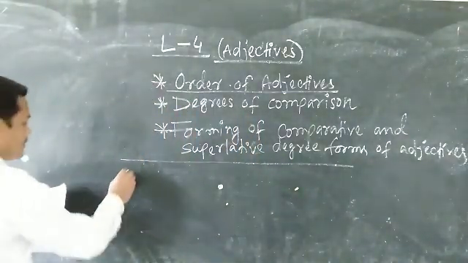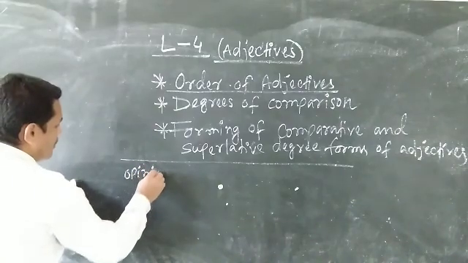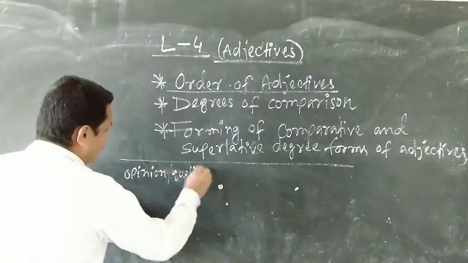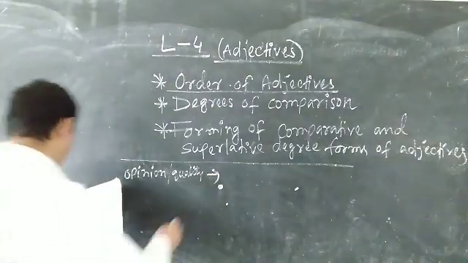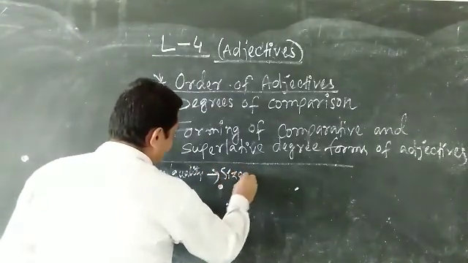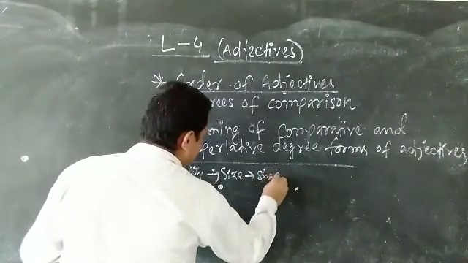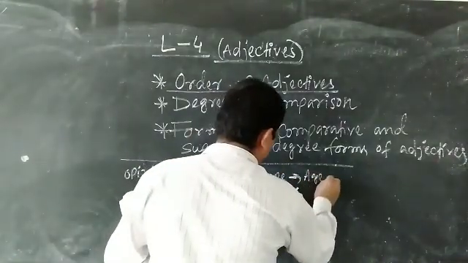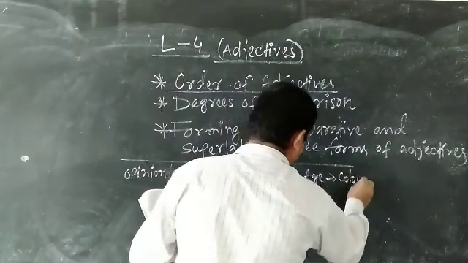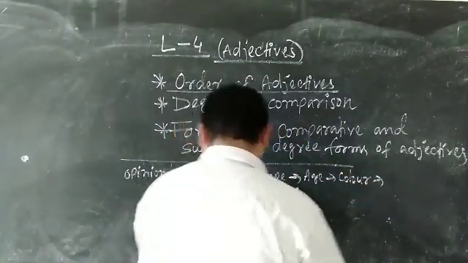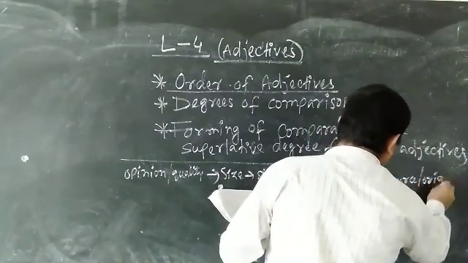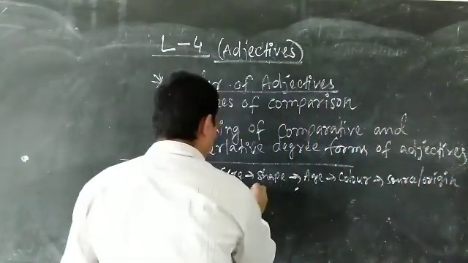this. First, opinion or quality. You must remember. Opinion or quality. Then second, size. Then third, shape. And then age. Then color. And then source, or we can say the same word as origin.